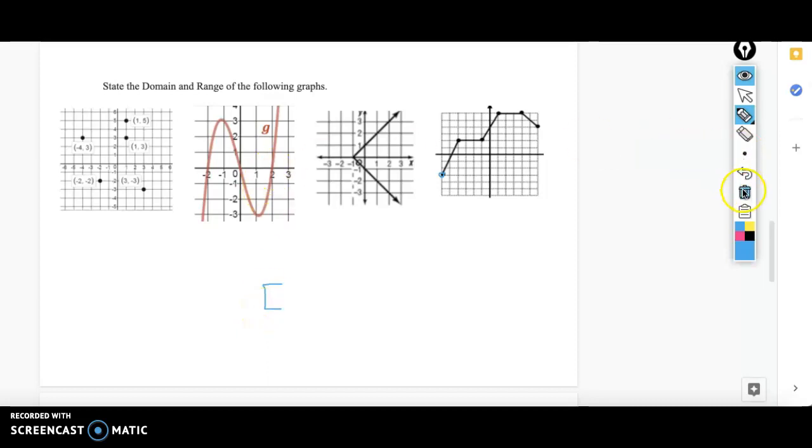And then if it does include it, then we're going to be using parentheses. So when we have that closed dot is when we use parentheses. Also, when we have arrows, which means it's going to keep going, we also use our parentheses because there is no ending in the infinity.